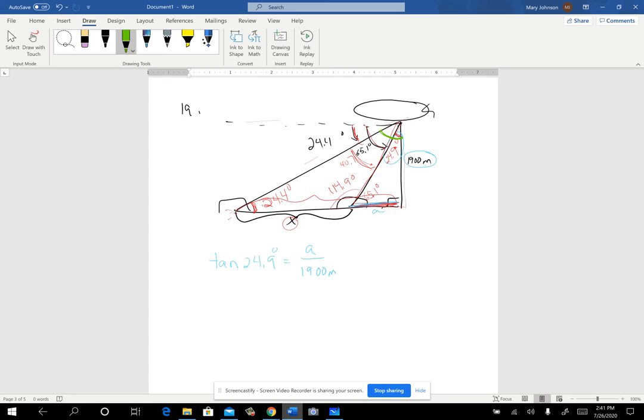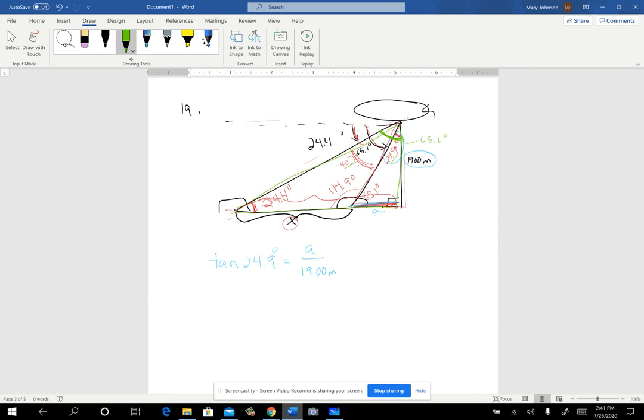I just need to add the 40.7 and the 24.9. So the 40.7 I found here and the 24.9 make up that angle, which is in the larger right triangle. And it turns out to be 65.6. So this angle right here is 65.6 degrees.